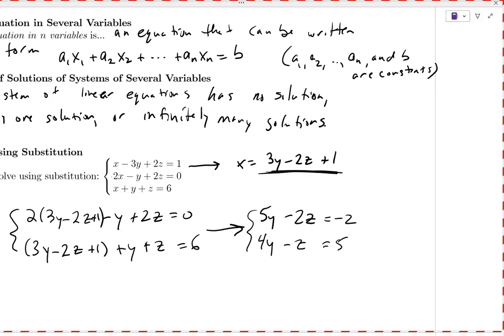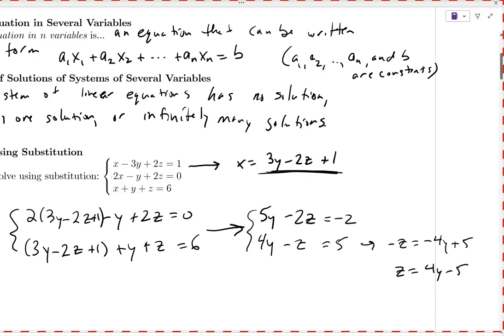So in the bottom one here, you'd have negative z equals negative 4y plus 5. And then multiply both sides by negative 1. And get z as 4y minus 5. I didn't have to divide by anything to solve for z in that one, right?